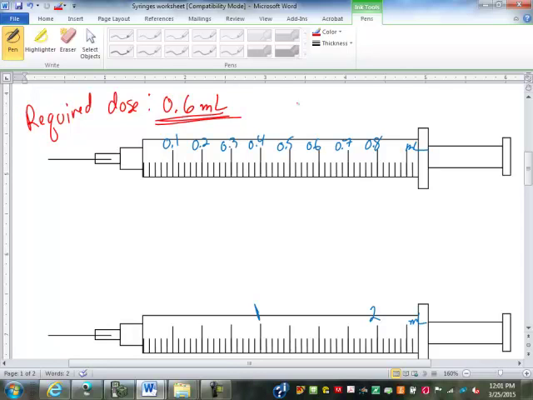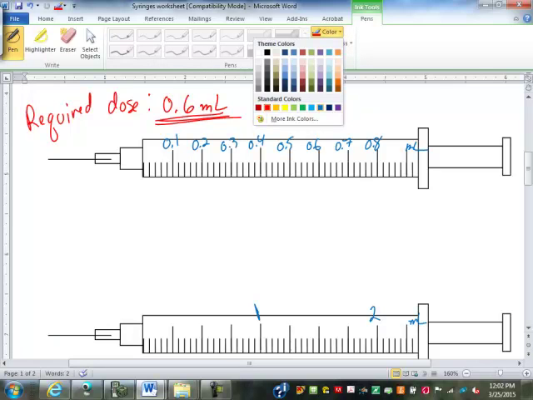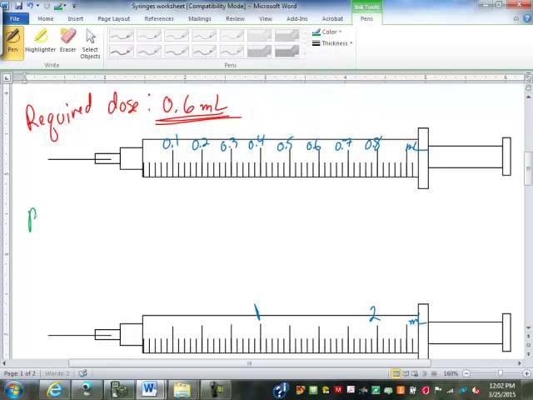Does it make a difference which syringe we use? Well, at first thought it might be no, but there's a definite difference between which one we use in this case, because we want to look at the potential error. No matter how careful we are, you're never going to load a syringe exactly.